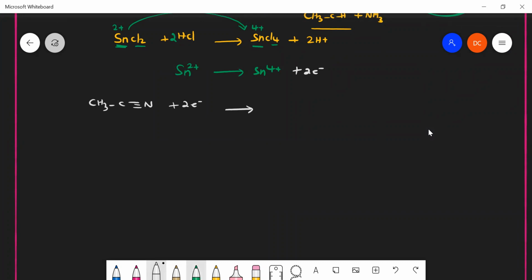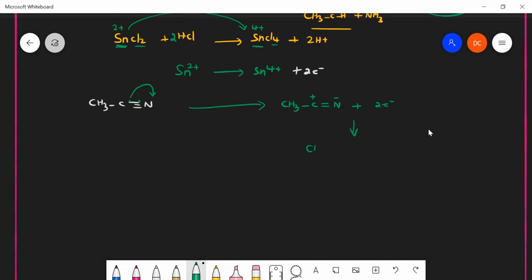Usually we know that the 2 electrons will be shifted over here because nitrogen has higher electronegativity than carbon. So what will be my product? Here CH3 C plus, double bond N minus. Is that clear? One positive charge, one negative charge is there. Along with that only we are going to react with our 2 electrons. Now what will it form?